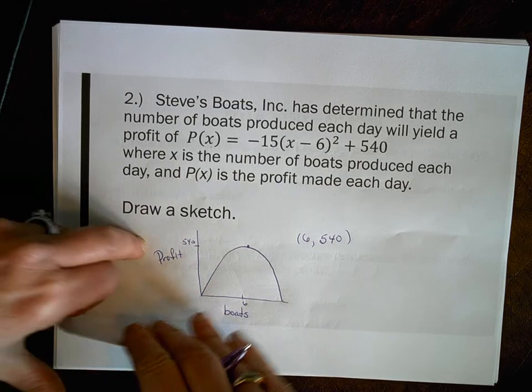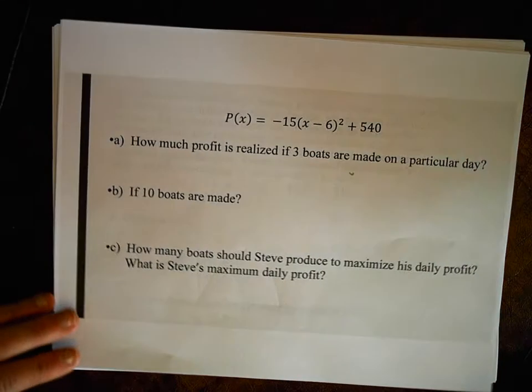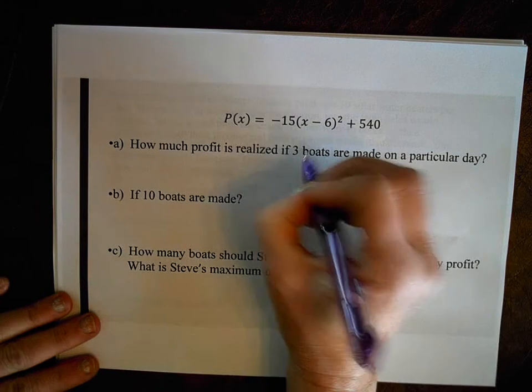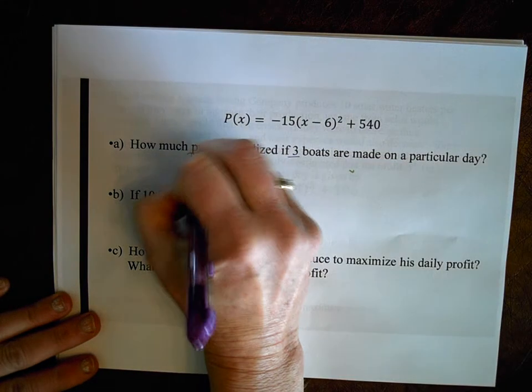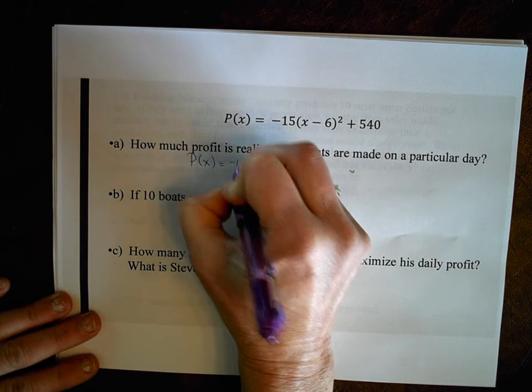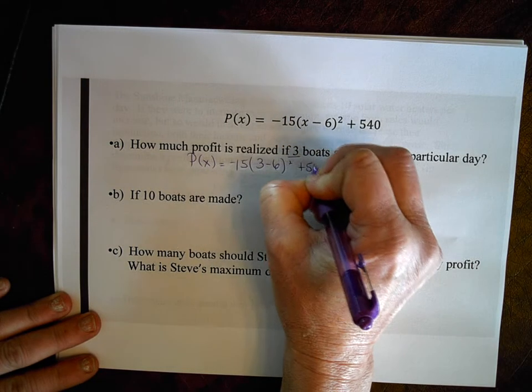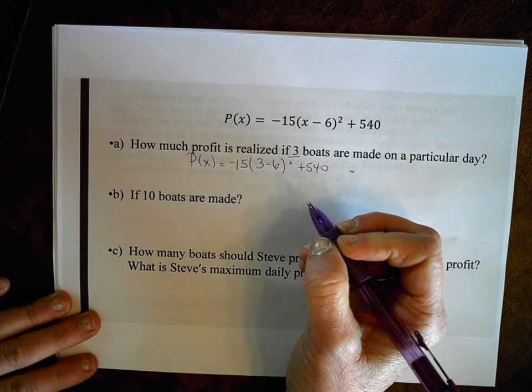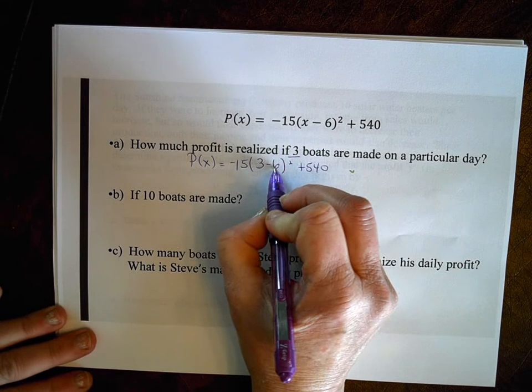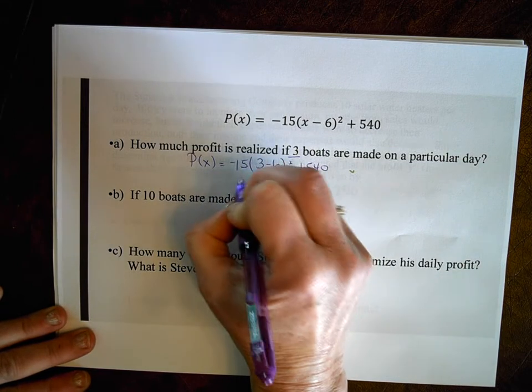Okay, so a couple word problems. How much profit is realized if you make 3 boats? So all we're going to do is plug in the number 3. Okay, order of operations, 3 minus 6 is negative 3. Negative 3 squared is 9.